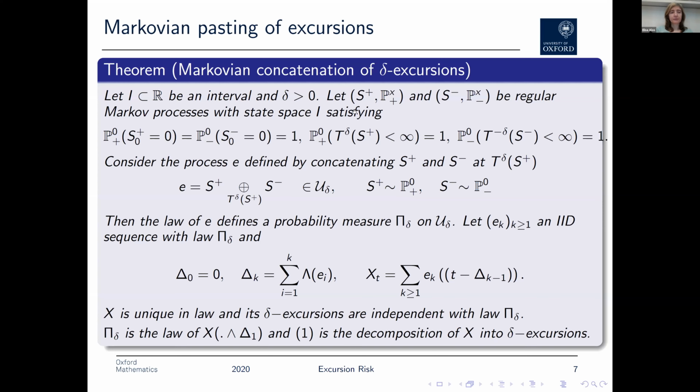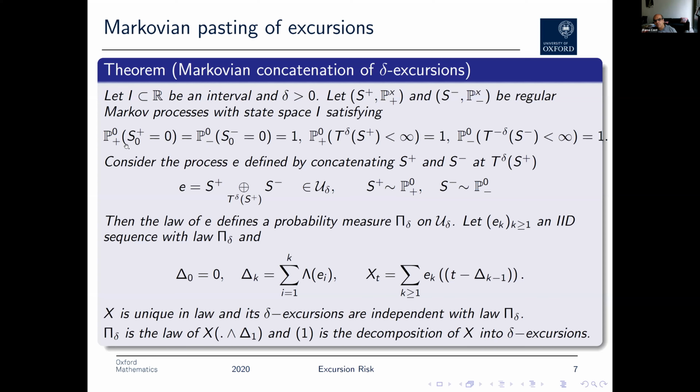Okay. So I'm going to choose a pair of Markov processes, S plus and S minus. The only assumption I need to make is that these processes go from 0 to delta and from delta to 0 with probability 1.